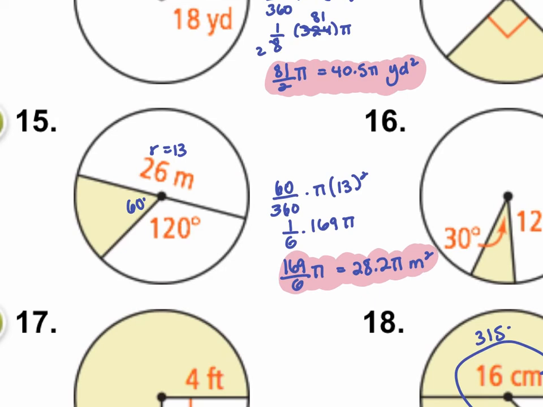Number 15, this time they gave you the diameter, so you had to cut it in half to get the radius. And they gave you this angle here was 120, which means you had to subtract it from 180 to get this angle, because those two form a line, and that would have been 60. So it would have been 60 over 360 pi times 13 squared, which is 169 over 6 pi, or 28.2 pi.